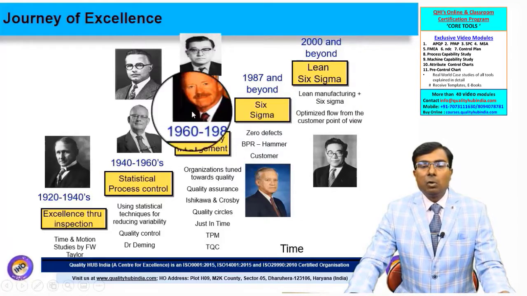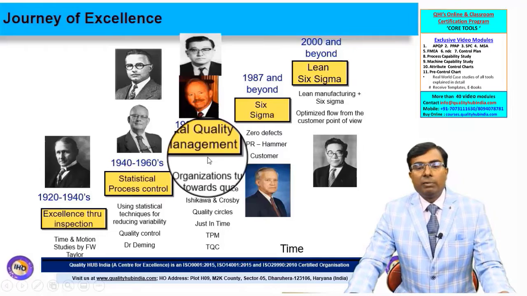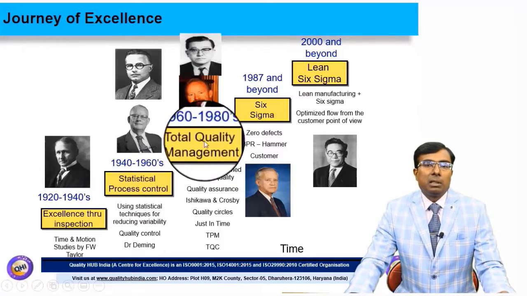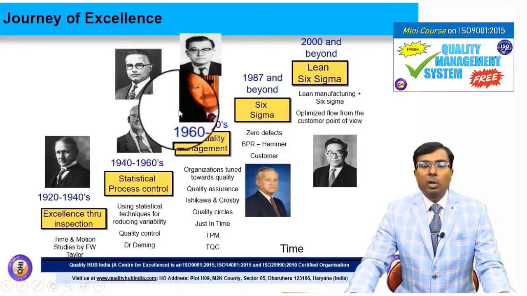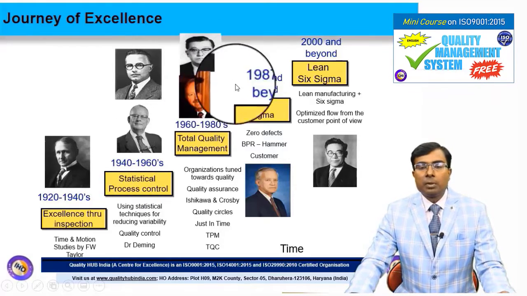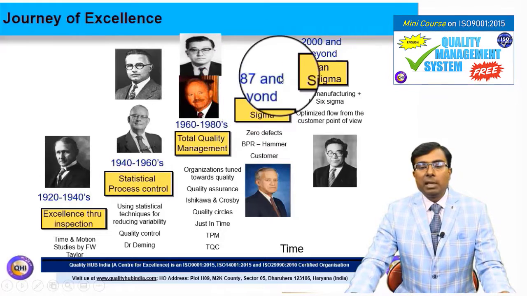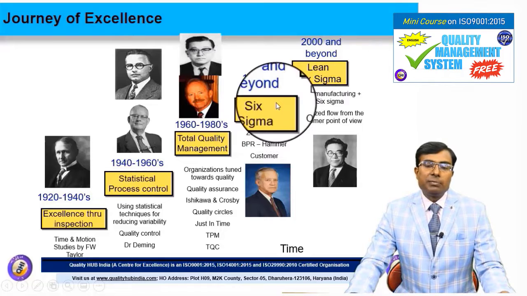Now coming back to this point, total quality management was the focus area, and we were evolving as an industry step by step, phase by phase, and many prominent figures were contributing with different concepts. Now coming to 87 and beyond, during this time the concept of Six Sigma evolved.